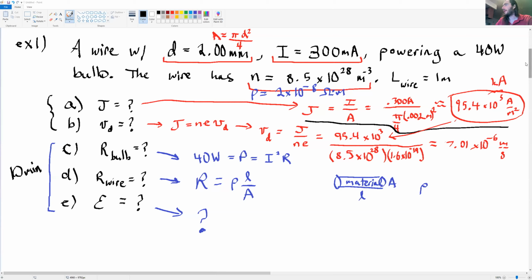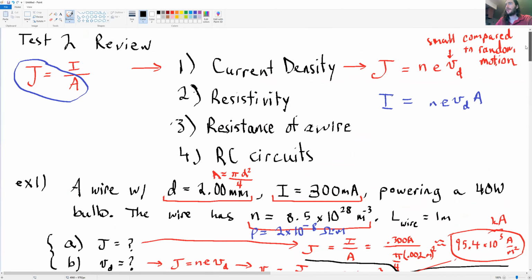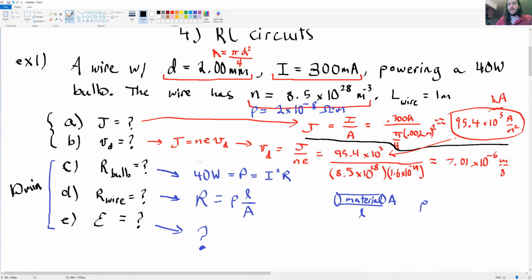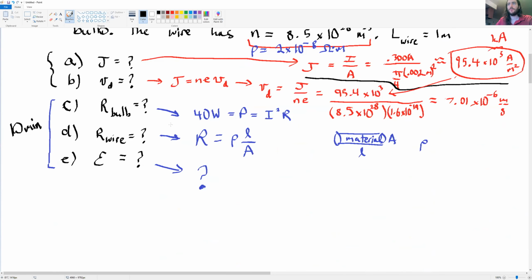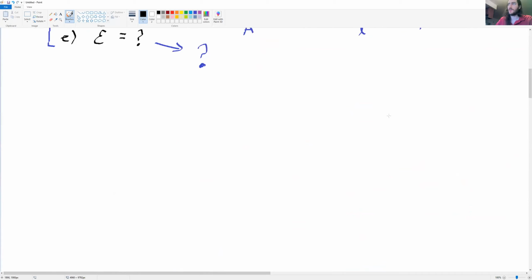We'll scroll up here and recall the next topic we want to go into is resistivity, which is kind of the same topic as the resistance of a wire. We already added that into this problem, but let's do a problem a little bit more specific to that. Maybe we can integrate some additional questions.